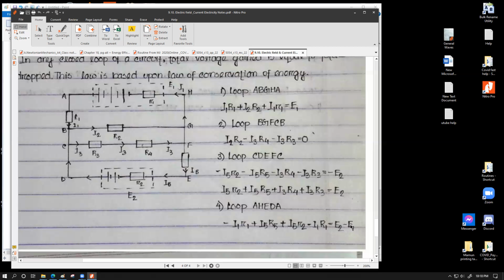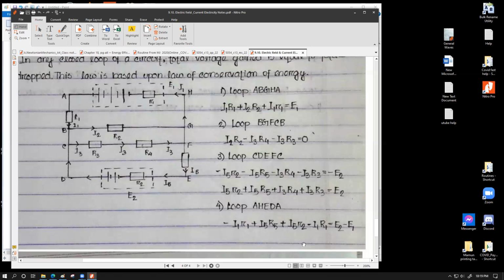খুব ভালো করে খেয়াল করো। জি স্যার। This considered direction of AHEDA. We have to consider the two involved batteries within this loop individually. This is the convenient direction for the E2 battery, but this is an inconvenient direction or reverse direction for the E1 battery.